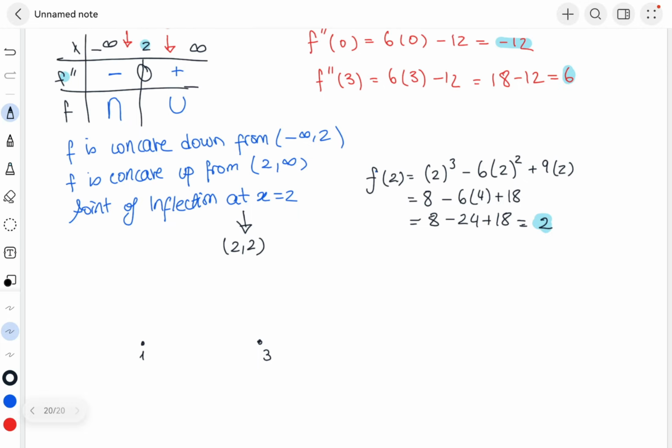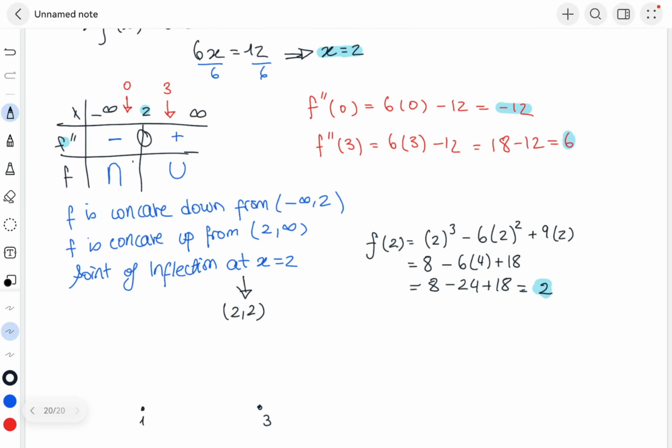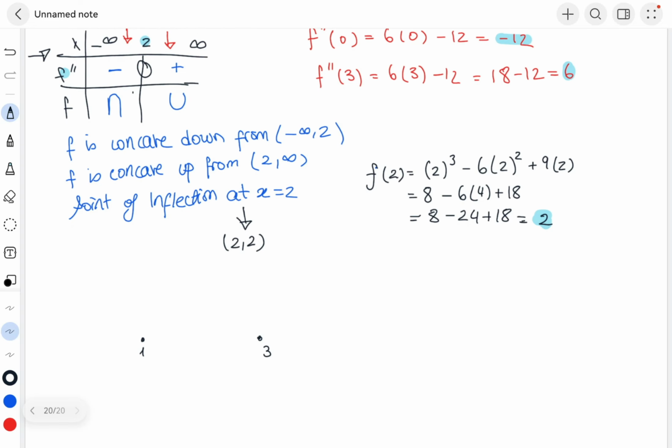Before our point 2, we had a sad face, which means our function was going like this. And after point 2, our function went up, which means our 2 is here, our 1 is here, and our 3 is here.